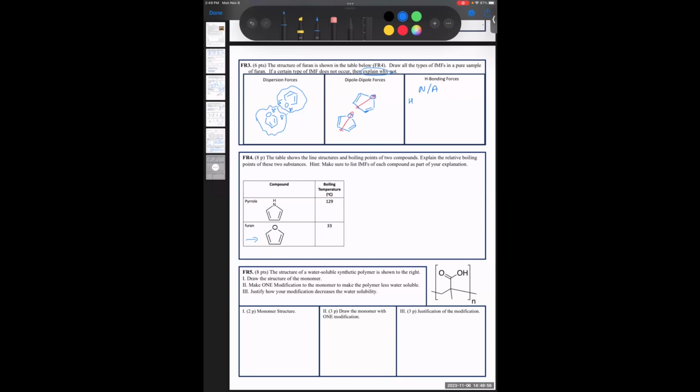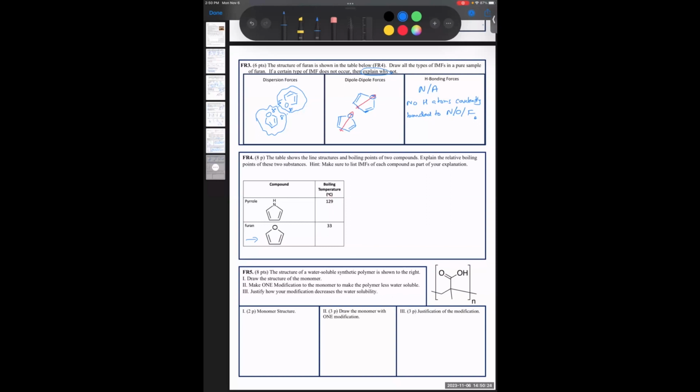Let's write it like this: no hydrogen atoms covalently bonded to nitrogen, oxygen, or fluorine. If you don't have that, then there's no hydrogen bonding.